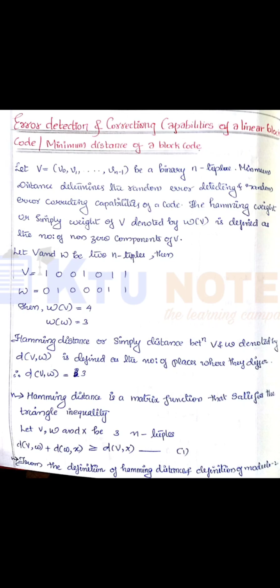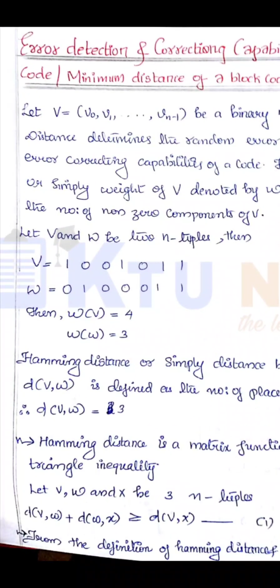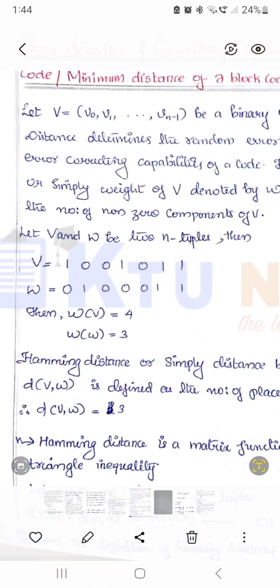Let V and W be two tuples, where V is equal to 1 0 0 1 0 1 1 and W is equal to 0 1 0 0 0 1 1. The Hamming weight of V, W of V, is equal to the number of non-zero elements. Here the number of non-zero elements is 1, 2, 3, 4.